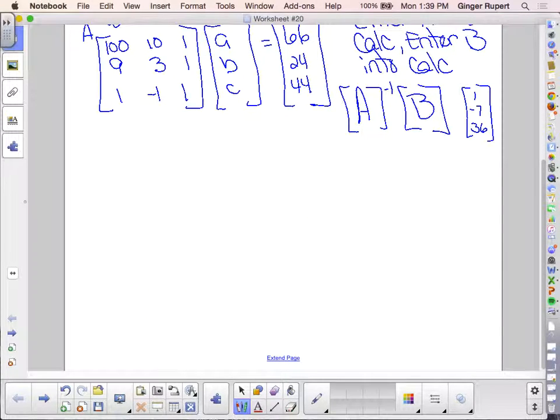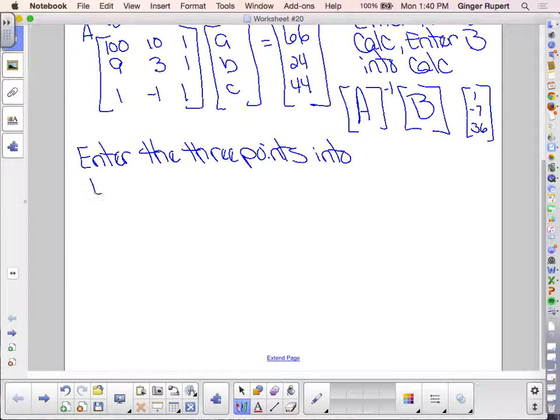To use the regression function, remember you're going to enter the data, enter those 3 points into your list, and then you'll go to Stat, over to Calc, down to Quadratic Regression.